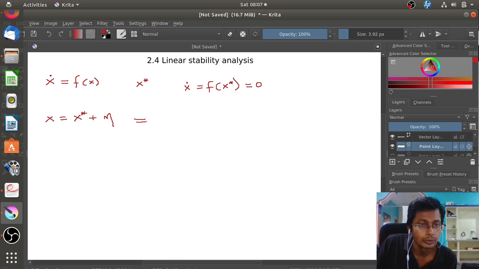So if I use this, then what do I get? In the place of x dot, I'll put the time derivative of this whole thing. So the way I'm going to write it is (x star plus eta) dot, which is equal to f of, in the place of x, x star plus eta.